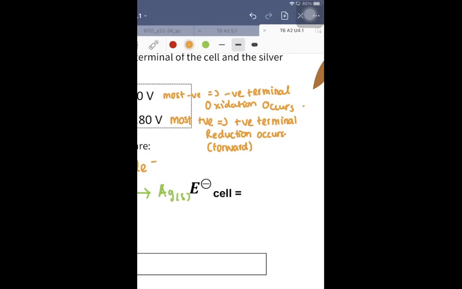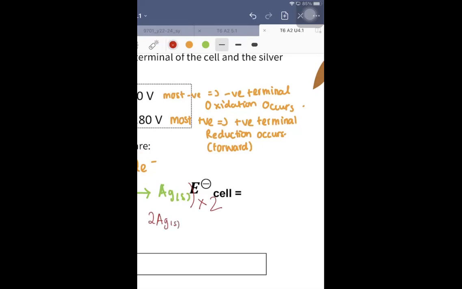So overall, the reaction is simply, first making sure that the number of electrons match, and then only can you add both the reactants together and both the products together. That means here you have to multiply by 2 so that you get 2 Ag plus aqueous plus 2 electrons to form 2 Ag solid.